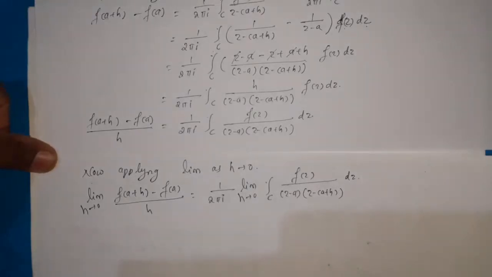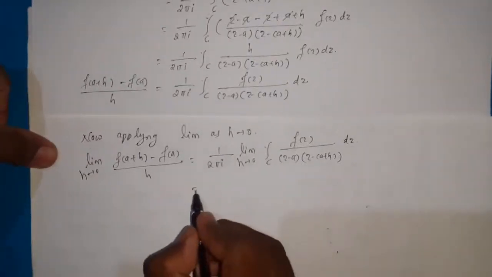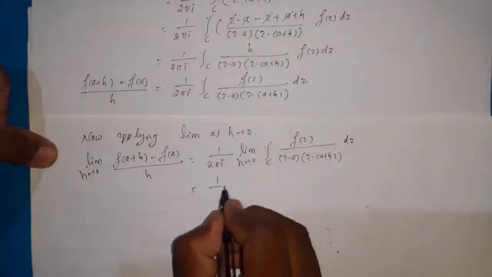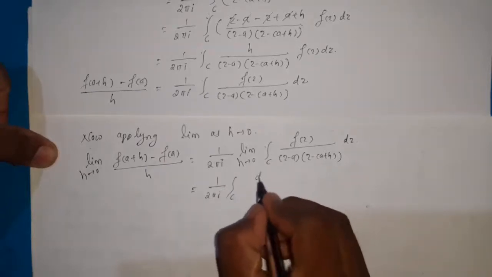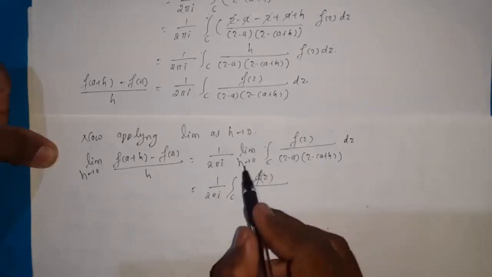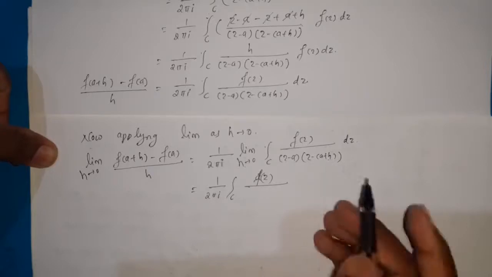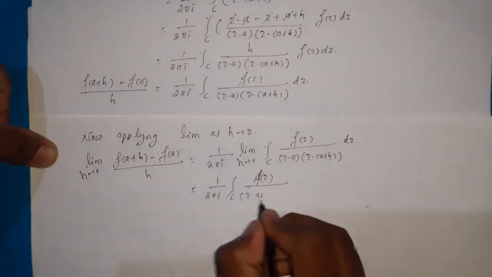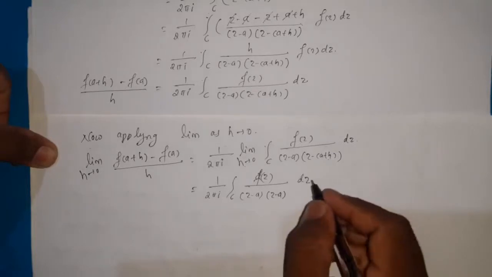So here let us apply the limit on RHS. After applying the limit, this becomes 1 divided by 2 pi i integration over C of f of z divided by, so here h tends to 0, so let us apply that limit, that becomes z minus a into z minus a into dz.